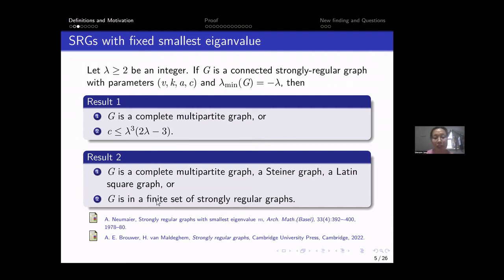If you are interested in the details of the proofs, you can read the paper by Neumaier. He gives the proofs, especially of result 2. For the case where G is in a finite set, he gave a bound on the number of graphs.